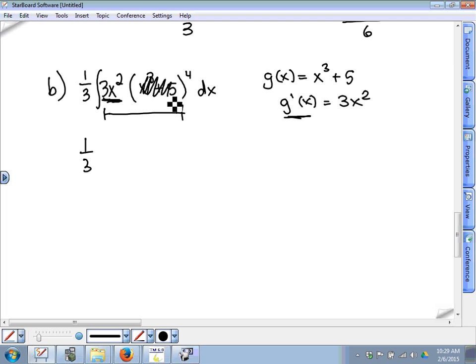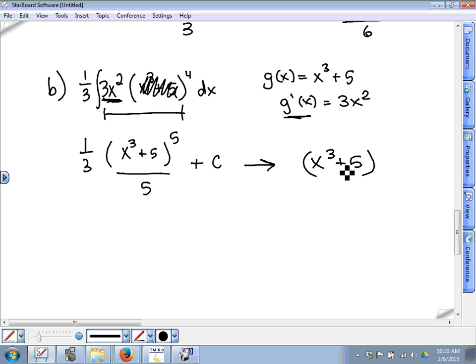And then again, just imagine that's not there. It would be raised to the 5th power over 5, right? Yes, of x to the third plus 5. Plus c.